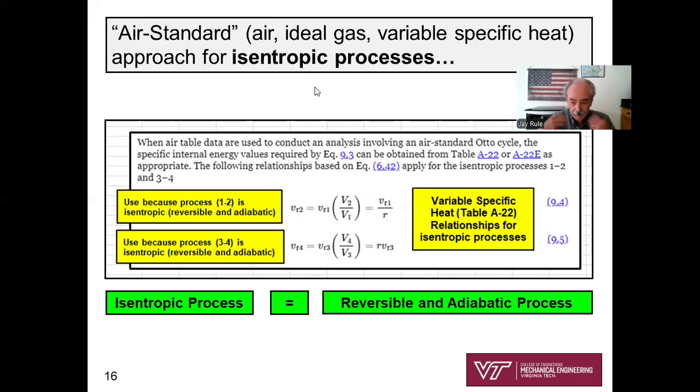One of our last planning aheads, we've got 2 isentropic processes, 1 to 2 and 3 to 4. Here's what we're going to do. We've got the specific volume ratio. vR2 over vR1 is going to equal little v2 over little v1, and also vR4 over vR3, that's little v4 over little v3.